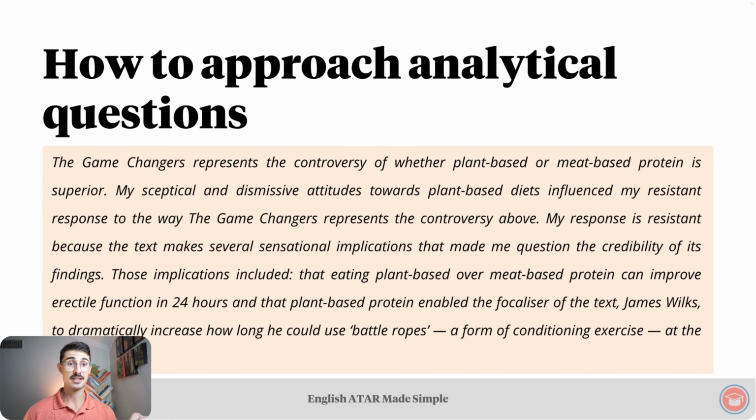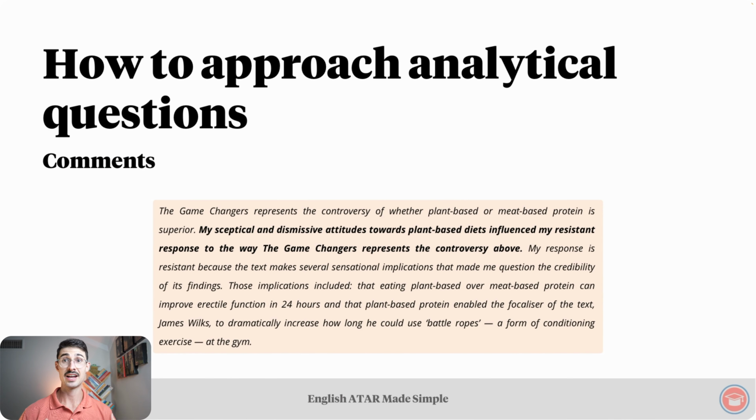Some comments based on this excerpt. My understanding of representation in this paragraph is reflected most clearly in this sentence: My skeptical and dismissive attitudes towards plant-based diets influenced my resistant response to the way The Game Changers represents the controversy above.